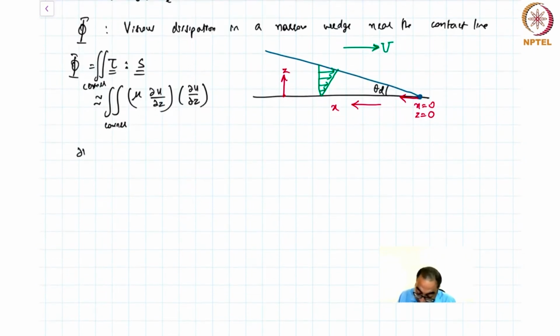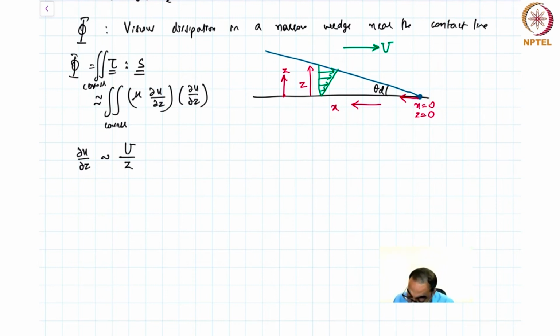Now we'll just make an estimate for del u by del z. Del u by del z would simply be U over z, where this height is approximately z, and at any given height you can estimate the shear stress like this.